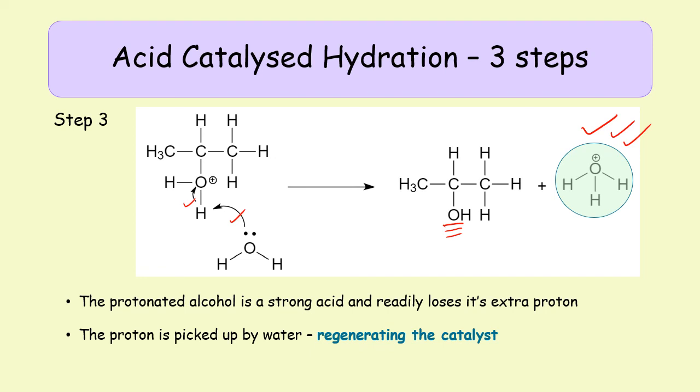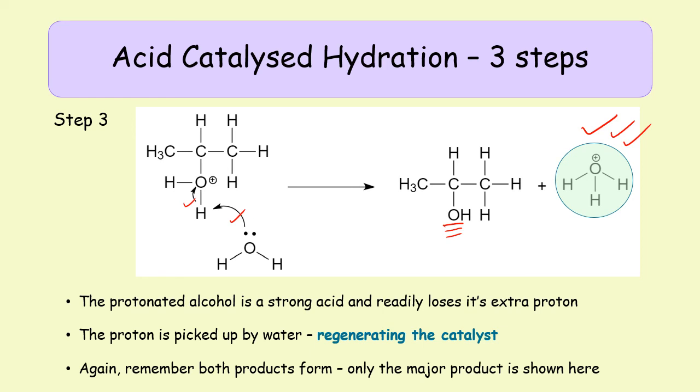We have then discussed Markovnikov's rule and looked at the 3 individual mechanisms for halogenation, hydrohalogenation, and for acid catalyzed hydration reactions on alkenes, which are very useful reactions to know. So that has been our completed video. Please watch this a couple of times and make sure you can do those mechanisms.